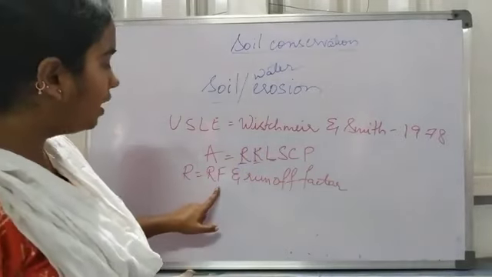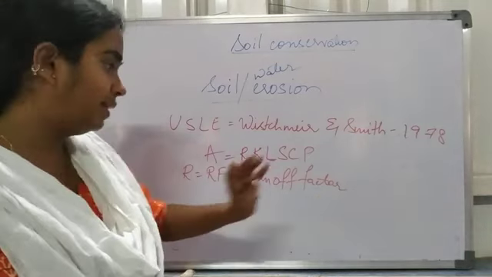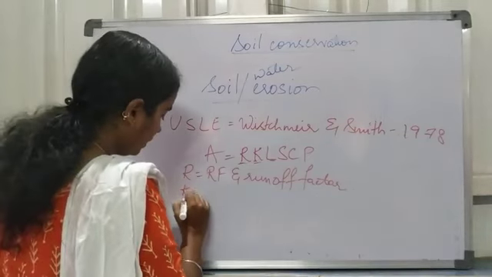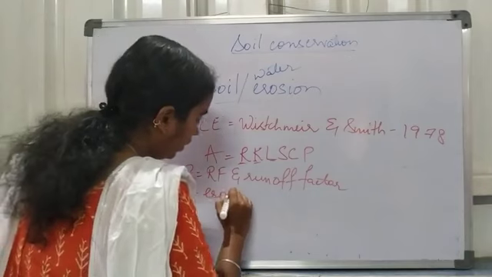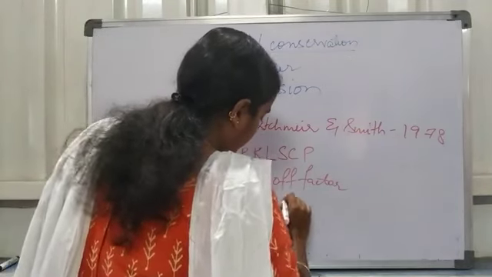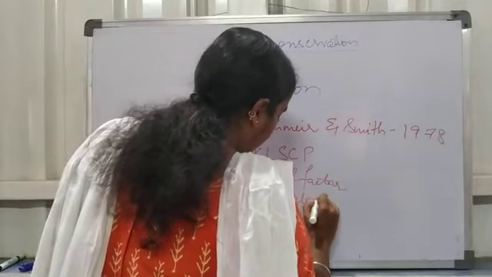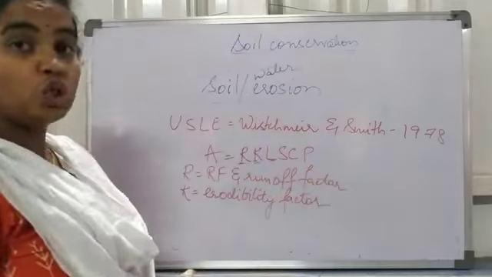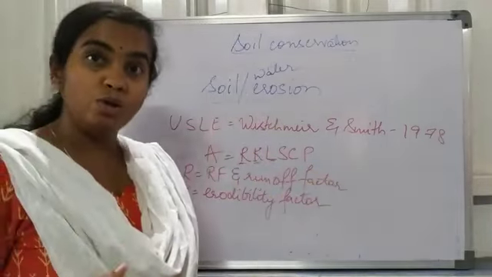So this is for rainfall or runoff factor. And next one is K. This is the erodibility factor. This talks about the soil susceptibility to the erosion, right?